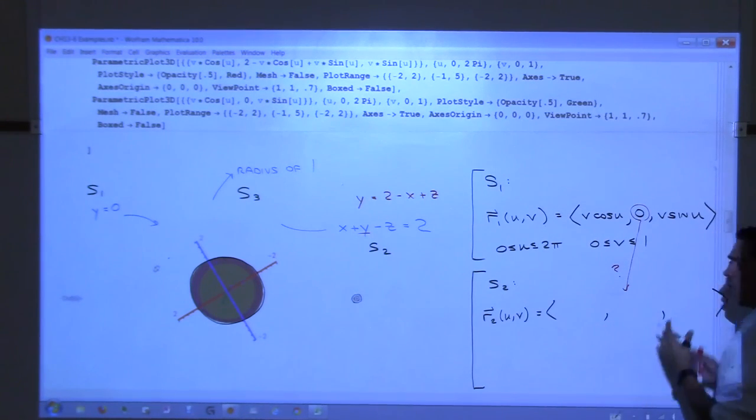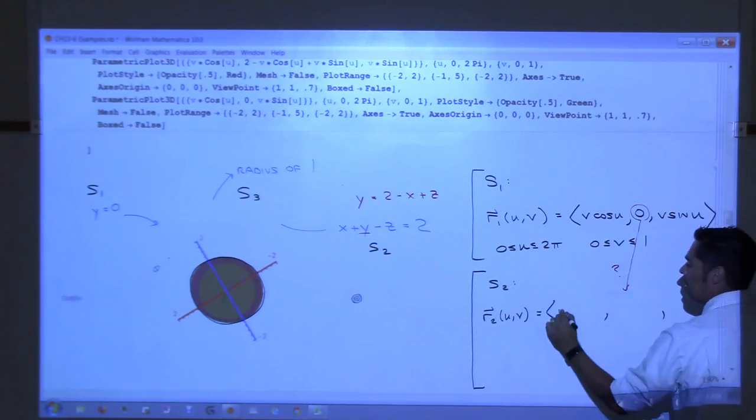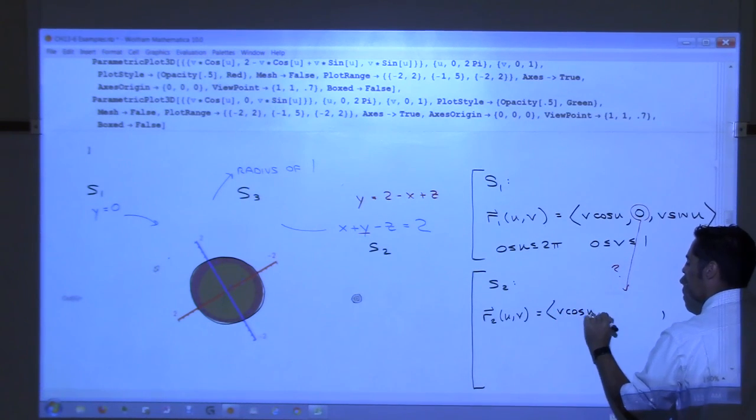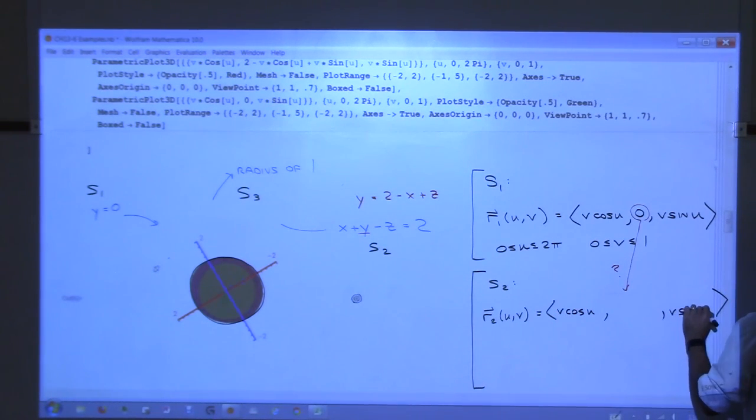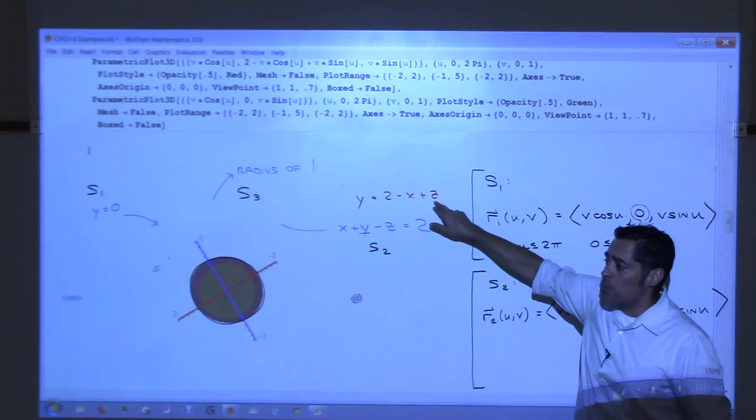Let's draw the circle first that has a varying radius in the xz plane, which would still be our v cosine u and our v sine u. Right? That's still drawing that circle with a varying radius. But the y-coordinate needs to move, and that will be a function of both x and z, won't it?